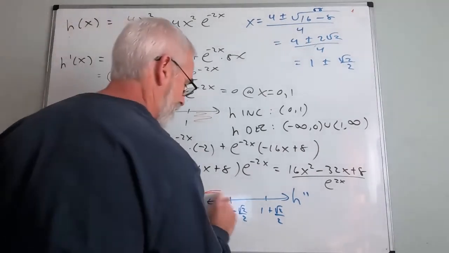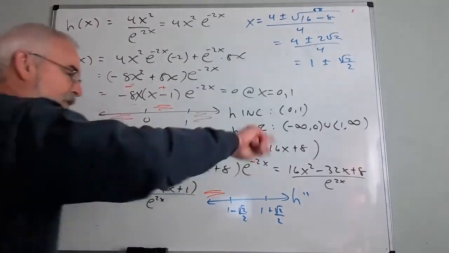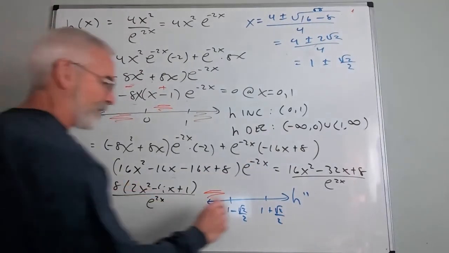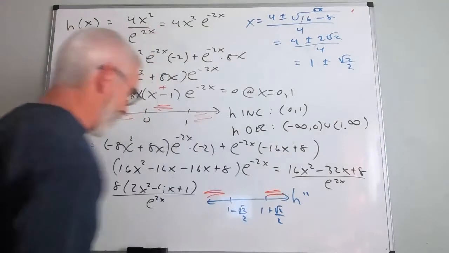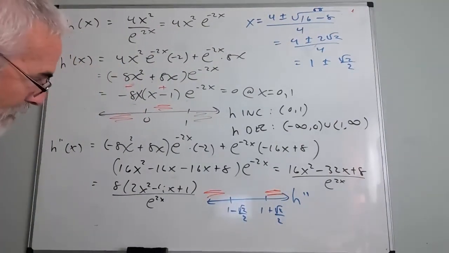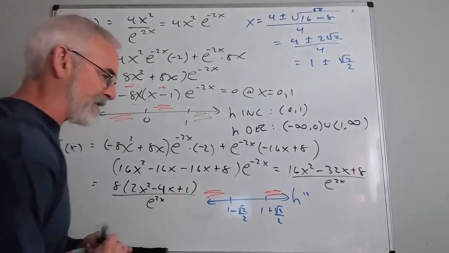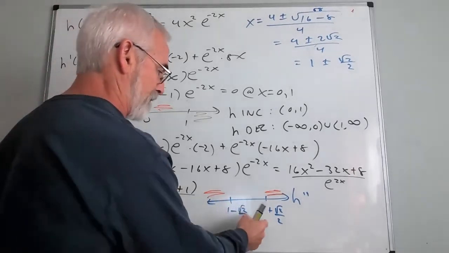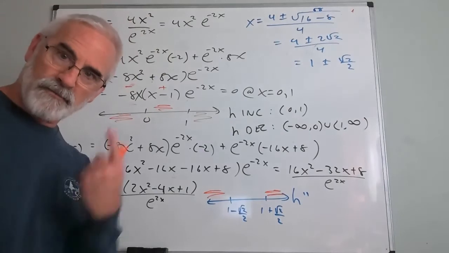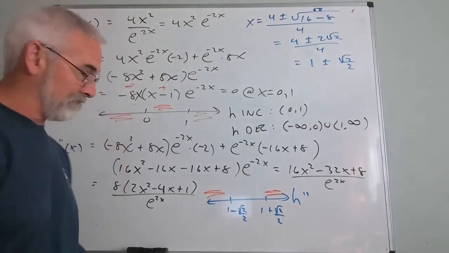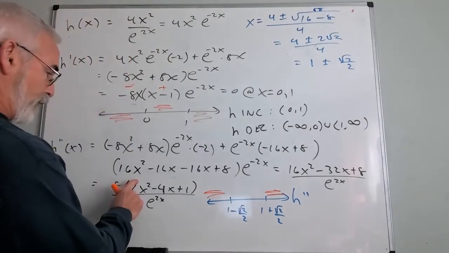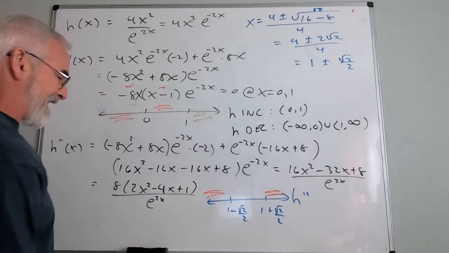Now let's go extreme to the right, positive bazillion. I'm trying to make it easy on you here. Now I need a number between 1 minus root 2 over 2 and 1 plus root 2 over 2. This is the tricky part. Well, how about 1? So 2 minus 4 plus 1, that's negative.